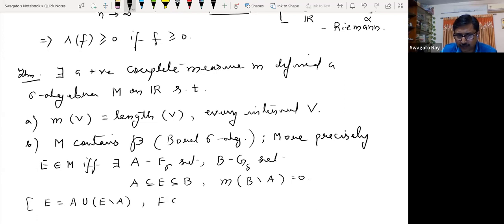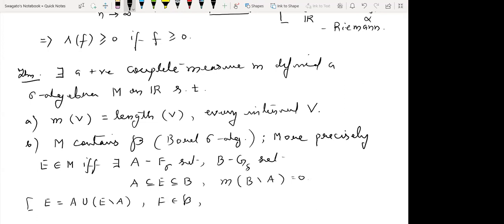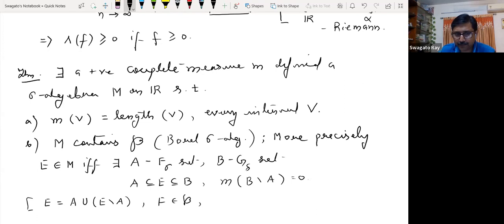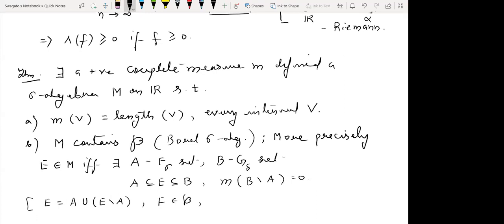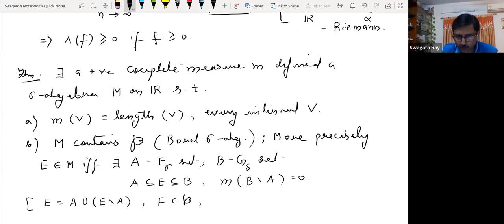It's clear, A is in B. Yes. Is E minus A in M? Is it a Lebesgue measurable set? Yes. Why? E is Lebesgue measurable. A is Lebesgue measurable. Therefore, E minus A is too. That is one part. That is, if E belongs to M, then this happens.